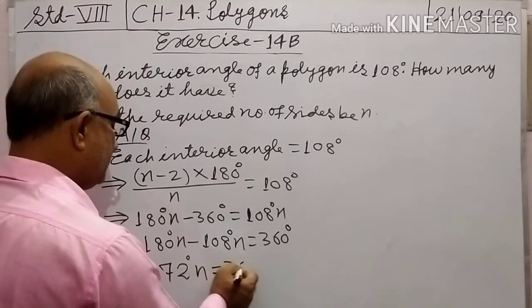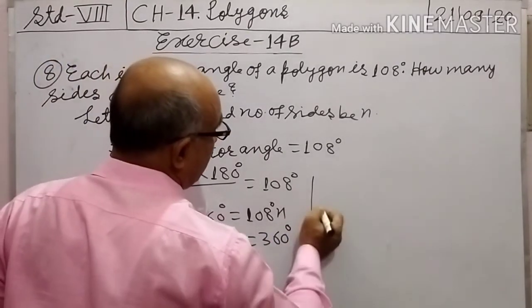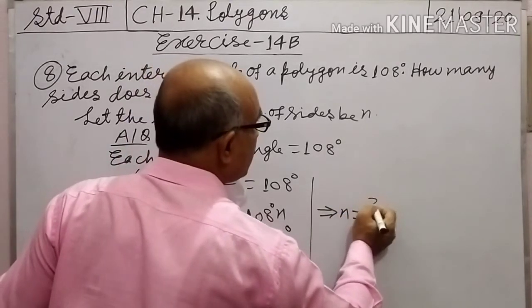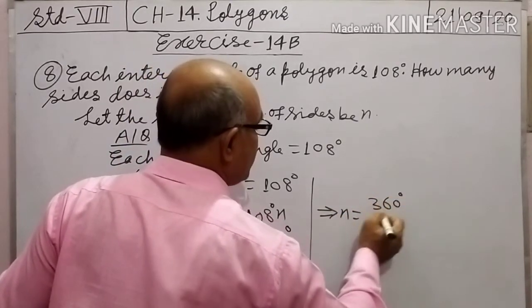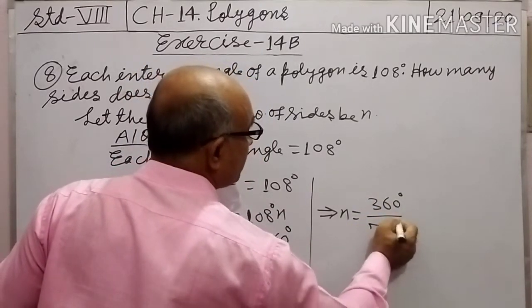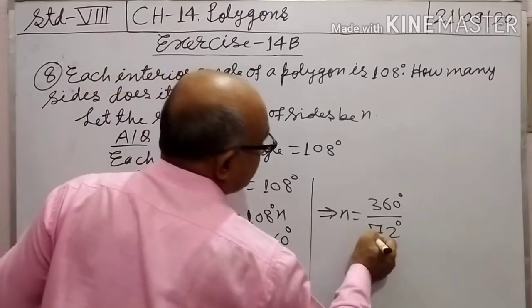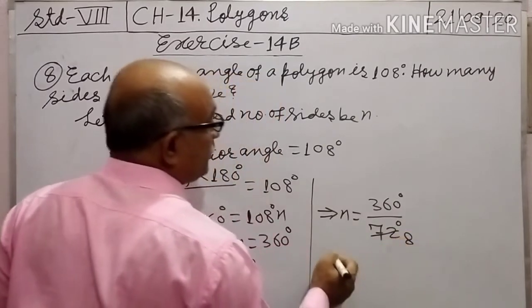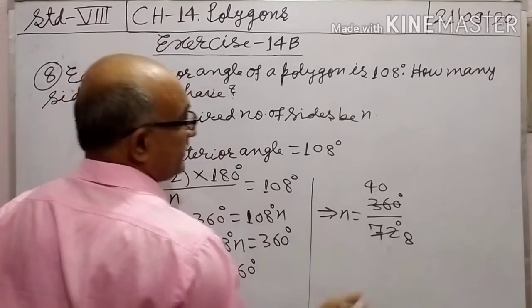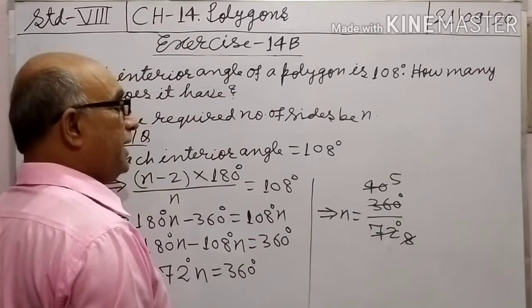72 degree n equal to 360 degree. Now that implies n equal to 360 degree by 72 degree. 72 times 5 is 360.